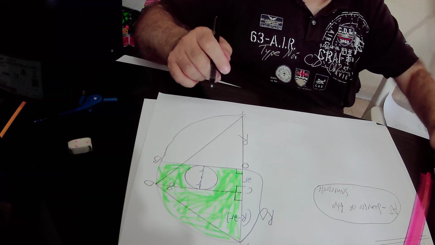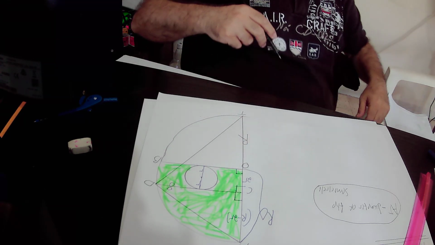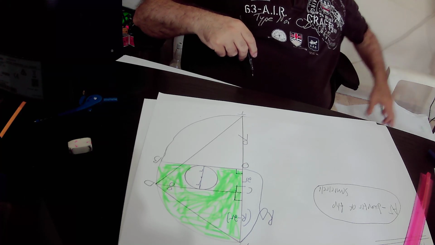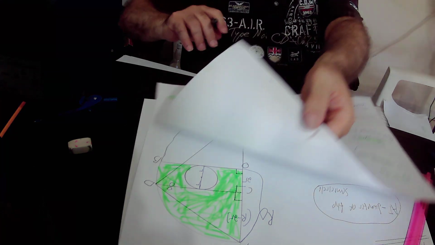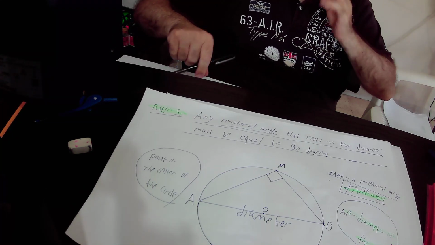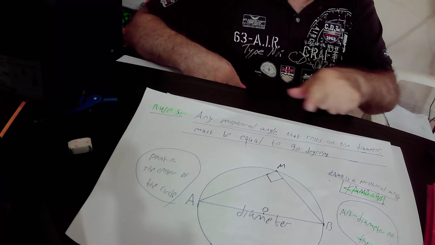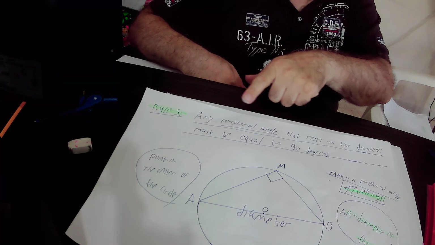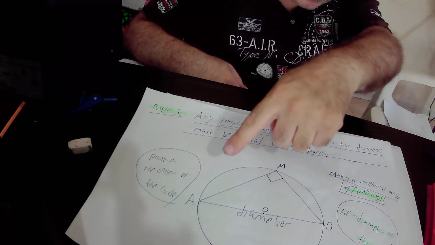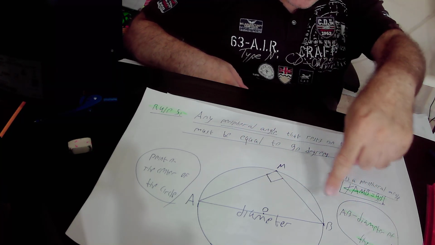Here we created peripheral angle ADT that rests on AT, the diameter of the semicircle, and we have rule number 5. According to rule number 5, any peripheral angle that rests on the diameter of a semicircle or circle must be equal to 90 degrees. Here we have peripheral angle A and B that rests on A and B, that is the diameter of the circle. Therefore, peripheral angle A and B equals 90 degrees.